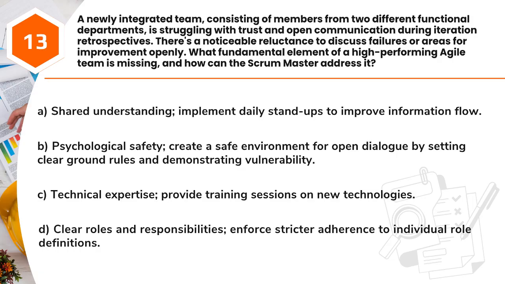A. Shared understanding, implement daily stand-ups to improve information flow. B. Psychological safety, create a safe environment for open dialogue by setting clear ground rules and demonstrating vulnerability. C. Technical expertise, provide training sessions on new technologies. D. Clear roles and responsibilities, enforce stricter adherence to individual role definitions.